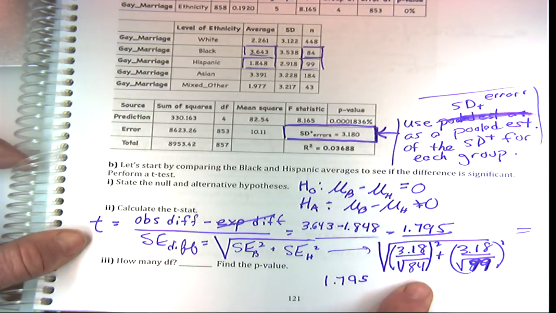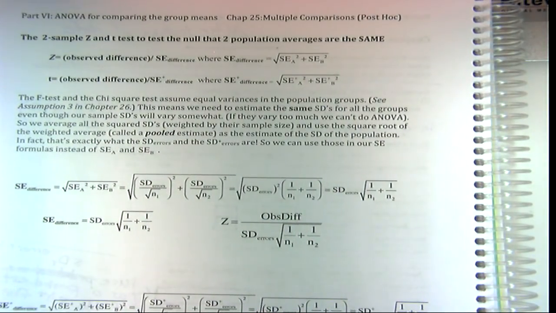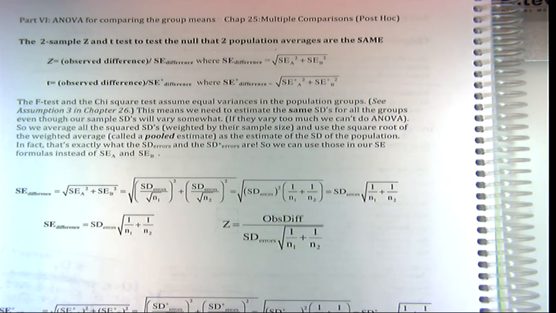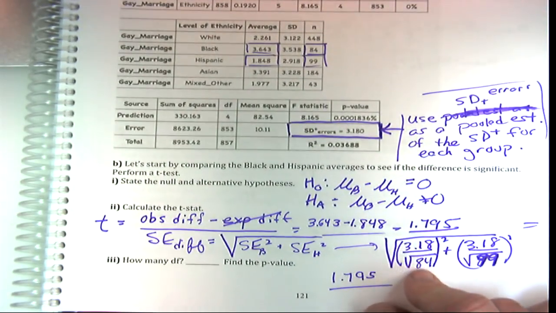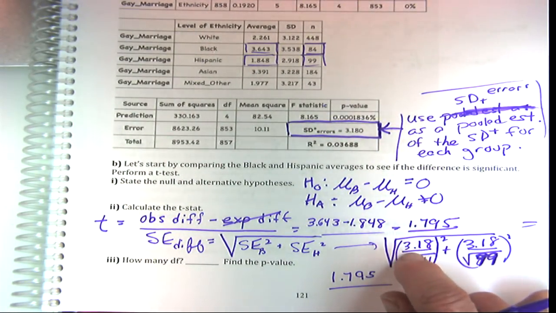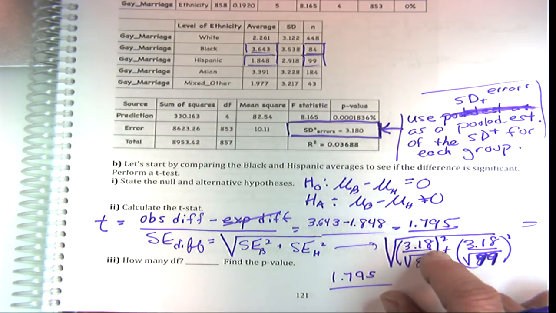Do you see how we can factor out right here? Let me just show you. It's easier to learn it in an example. We're going to factor out 3.18, right?